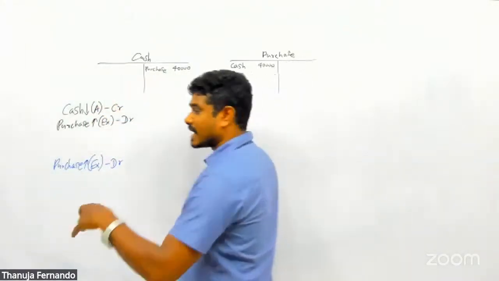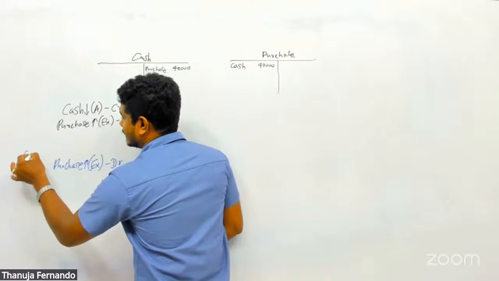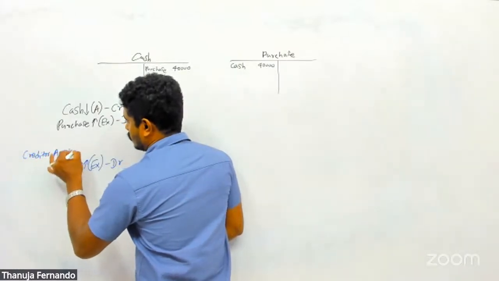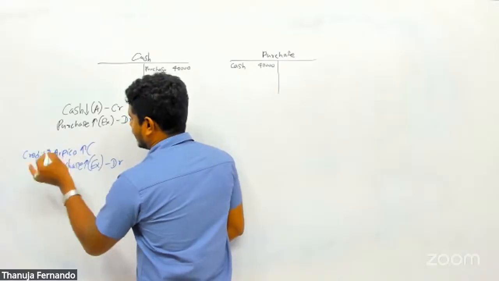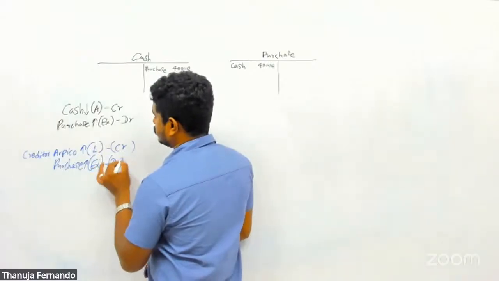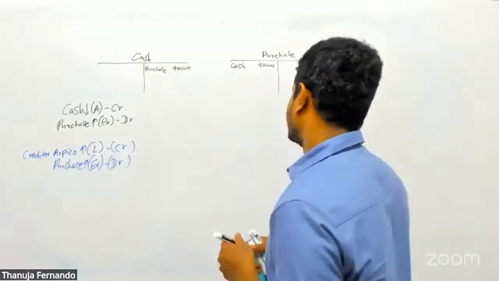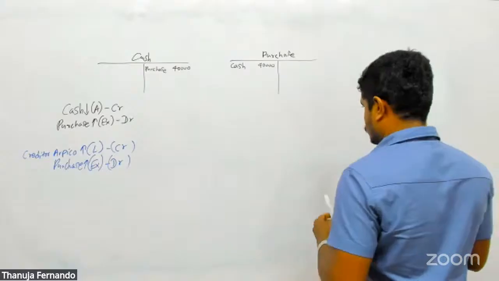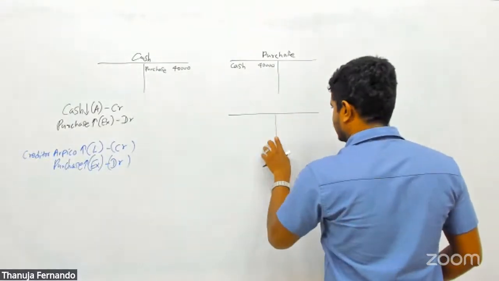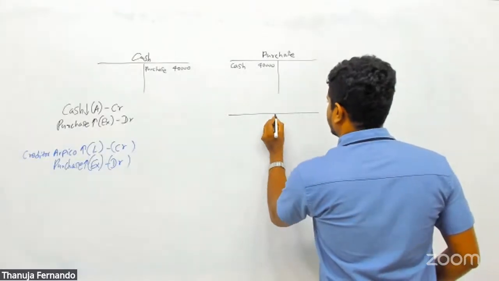Then Arpico is a creditor for us. Creditor Arpico. Arpico increasing. Creditor means it is a liability. Liability increasing, credit. So we need two accounts, one for Arpico, one for purchase. We already have a purchase account, so nothing to worry about it. So we have to prepare only an account for Arpico.